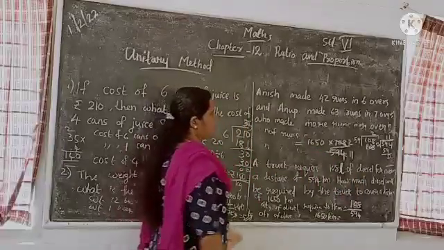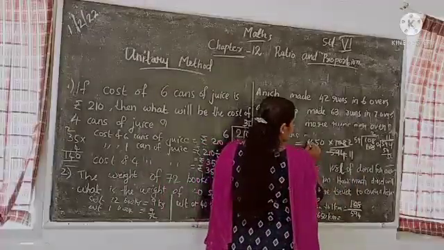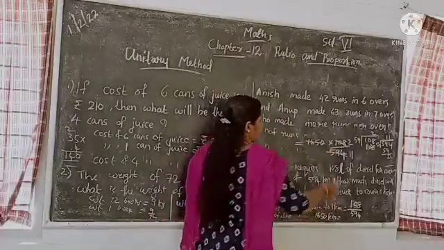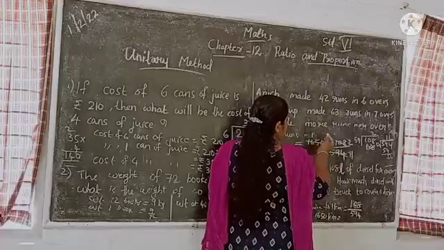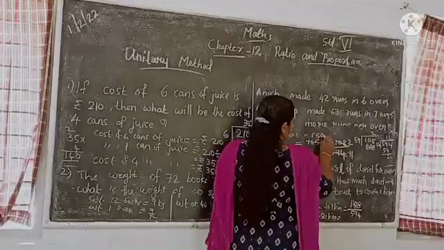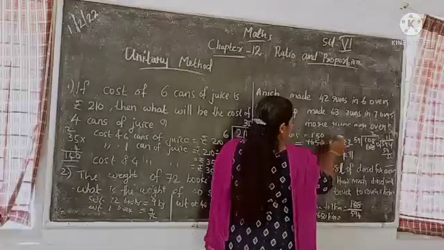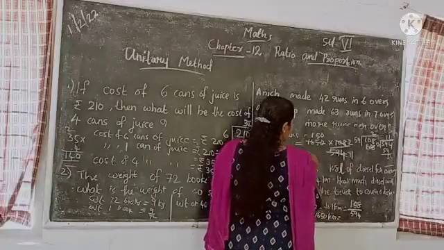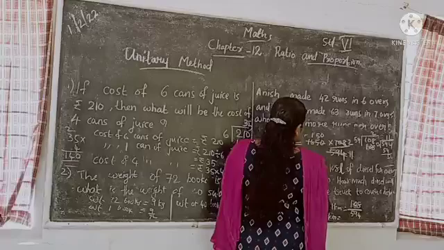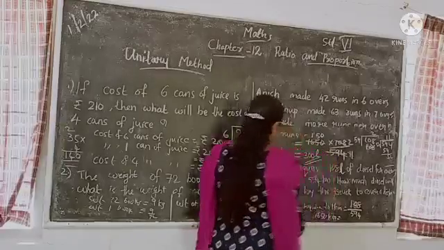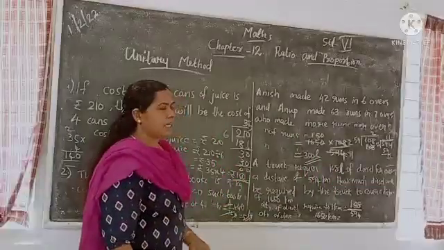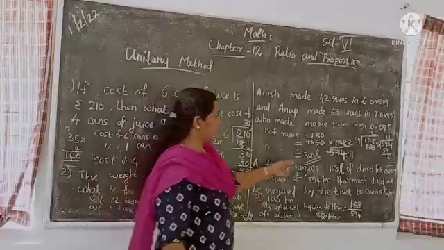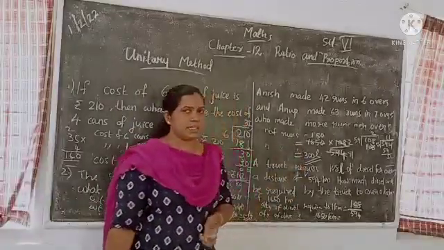Let us divide this. 1650 divided by 11 is 150. 150 into 2 is equal to 300. Then quantity of diesel required to cover 1650 kilometer is 300 liters.